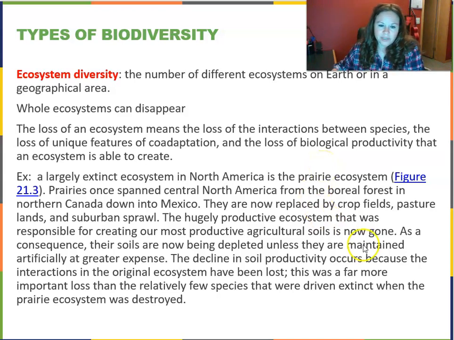As a consequence, soils are now being depleted unless they're maintained artificially, which costs a lot more money to do. The decline in soil productivity occurs because the interactions in the original ecosystem have been lost. And that was a far more important loss than the relatively few species that were driven extinct when the prairie ecosystem itself was destroyed.